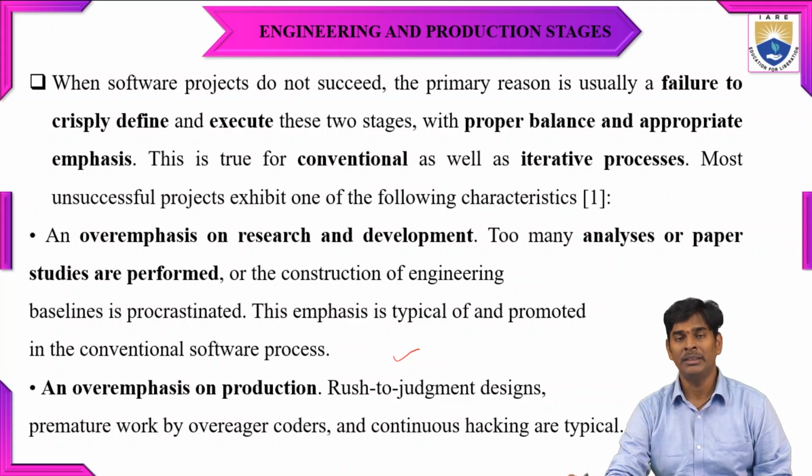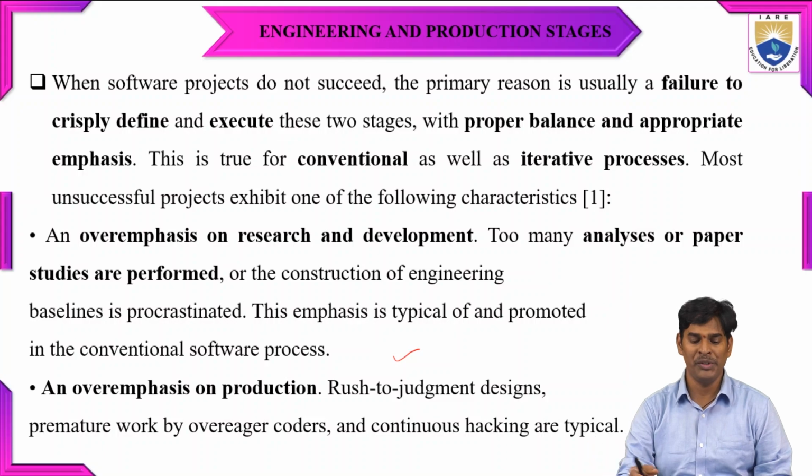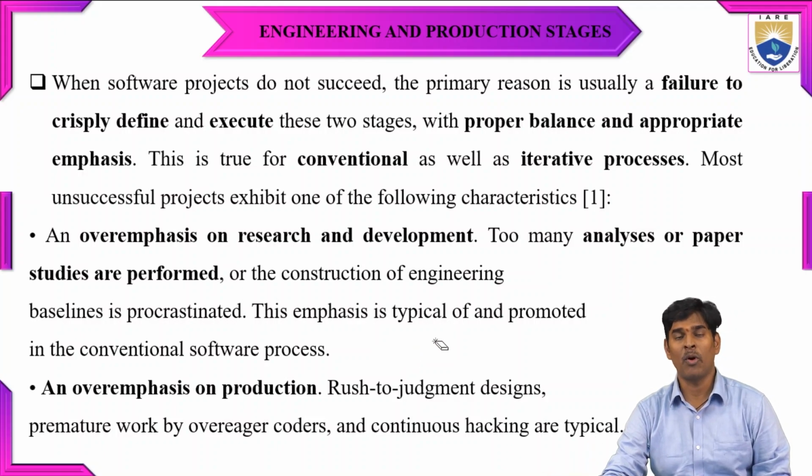If they are doing too much analysis of paper studies, then we can say that it is an unsuccessful project, and we can consider this baseline as procrastinated. Why? Because the analysis of the paper studies should be optimal. Then only can they succeed. They need to concentrate on the empirical as well as the prompted conventional software process.